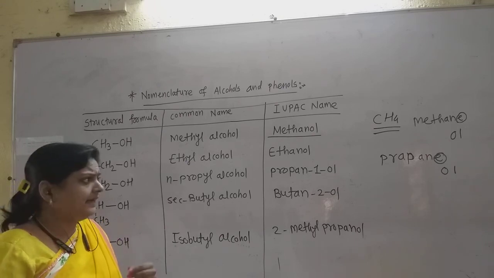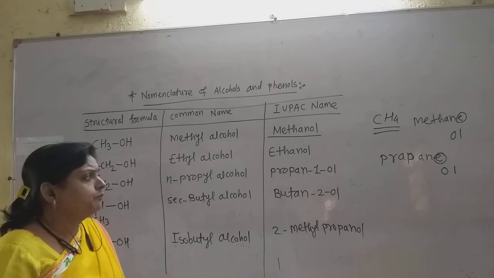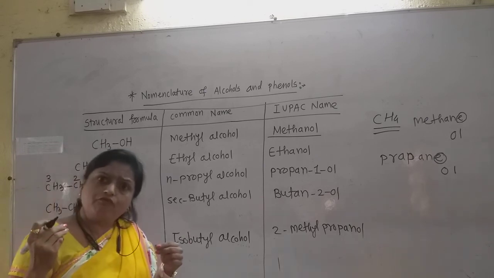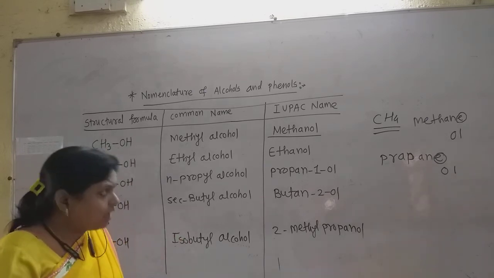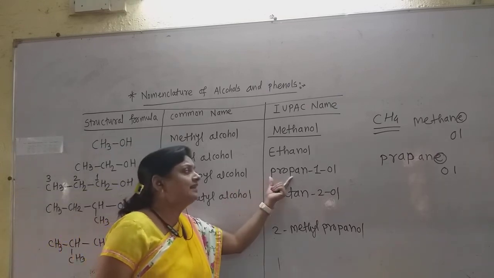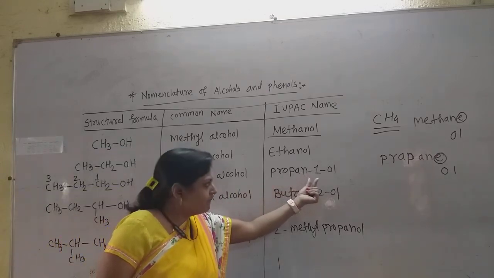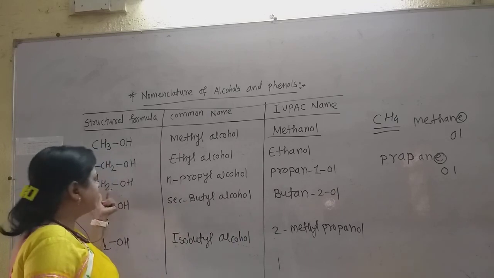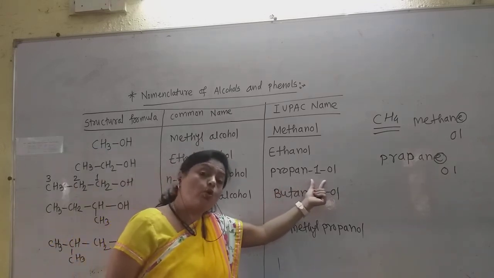Formerly, they directly wrote it as 1-propanol. But now in the new system, first write only propane, then the number to which the OH group is attached, and then write the OL.